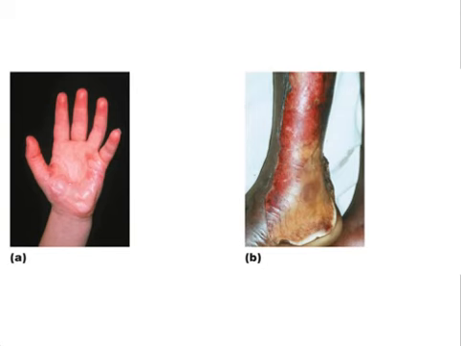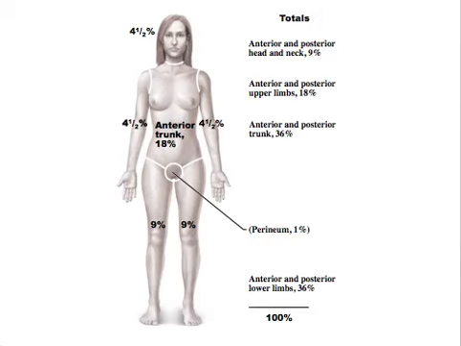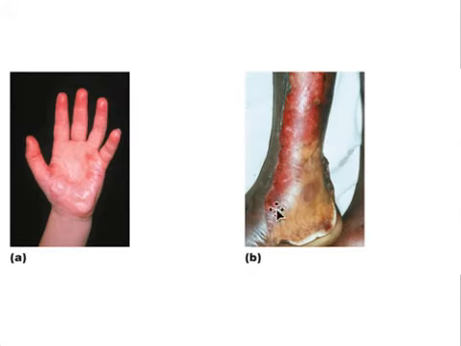But if only 10% of your body was burned by a third-degree burn or worse, then it is suggested that treatment at a burn center would be the most appropriate way of going forward.